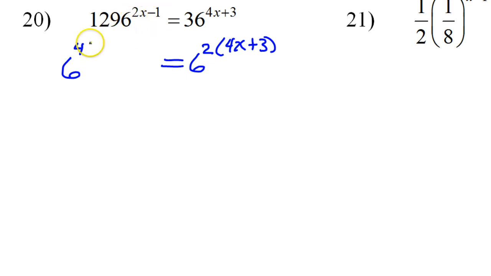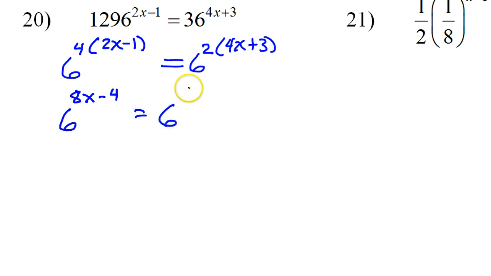I still have the 2x minus 1, which again I will put in parentheses. Okay, now doing the distributive property, that means I have 6 to the 8x minus 4 power. All right, distributive property. And here I'll have 6 to the 8x plus 6 power.